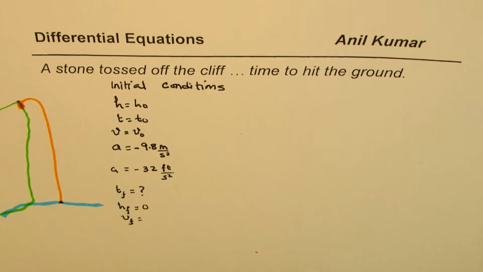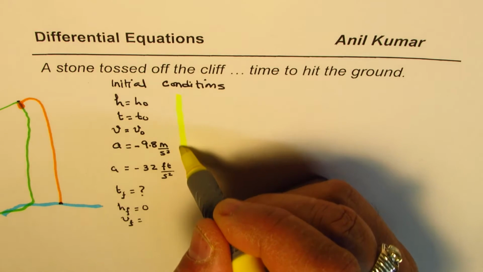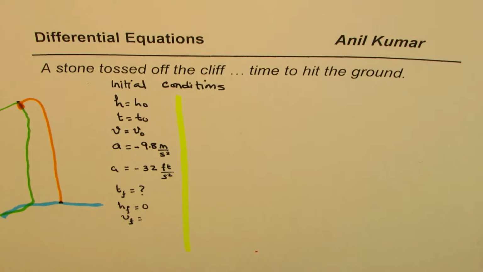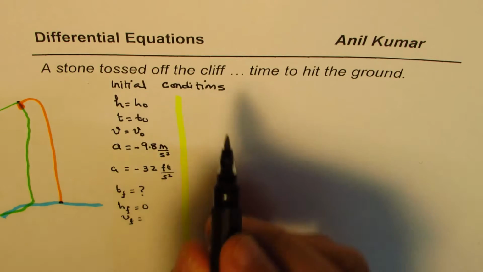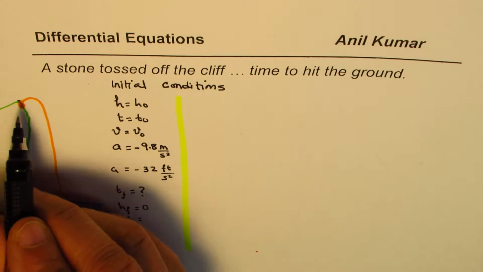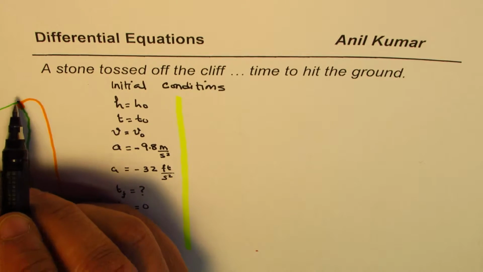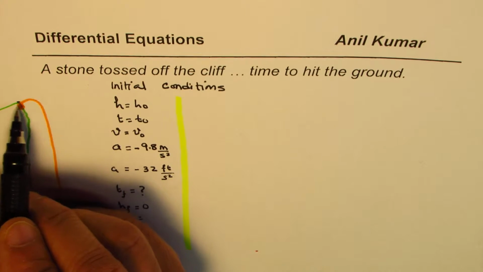So these are the parameters which we need to connect, and in this exercise we'll do exactly that, right? Once we do this derivation, then you can actually use this concept to solve any related problem, correct? So let's begin from the top itself, and let us say that here the stone is dropped, whether it is thrown upwards, downwards, or just dropped.